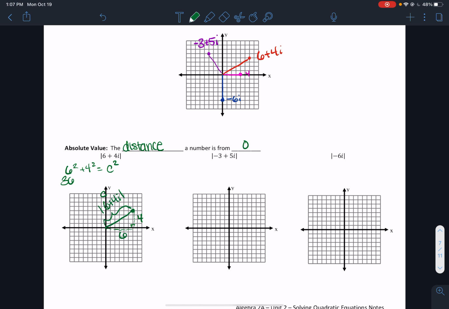So 36 plus 16 equals c squared, so 52 equals c squared, so c would equal root 52. I'm ignoring the negative root because we can't have a negative distance. So c would equal 2 radical 13. That is the absolute value of 6 plus 4i.